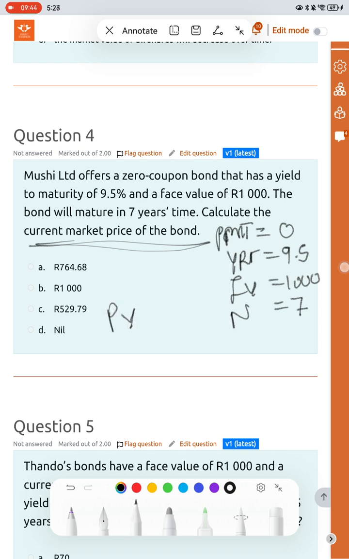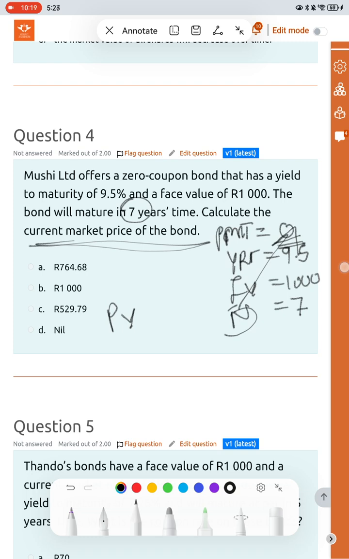When we have all these values, we need to remember that a zero coupon bond does not pay annual interest. Instead, investors buy it at a discount and receive the face value at maturity. So instead of getting payments every month, you just buy it and allow it to grow, and then you collect it as soon as it matures in 7 years' time.